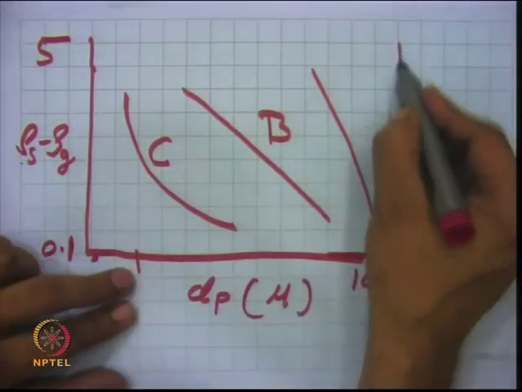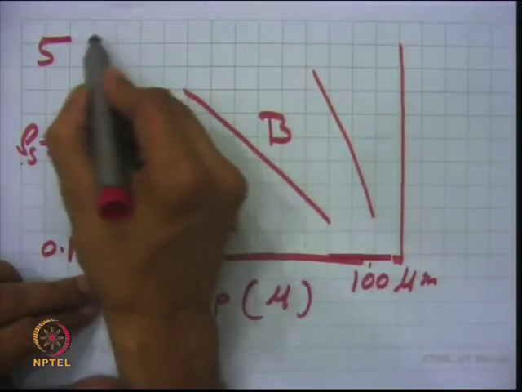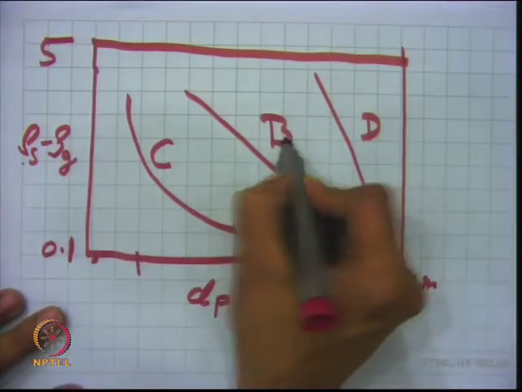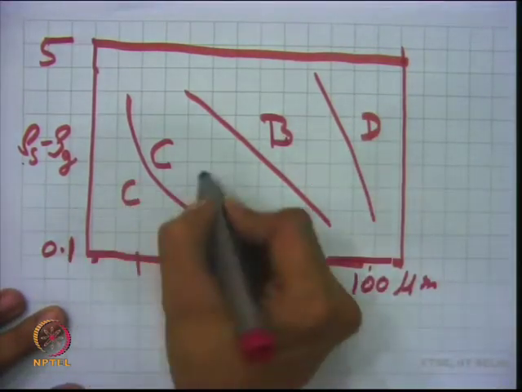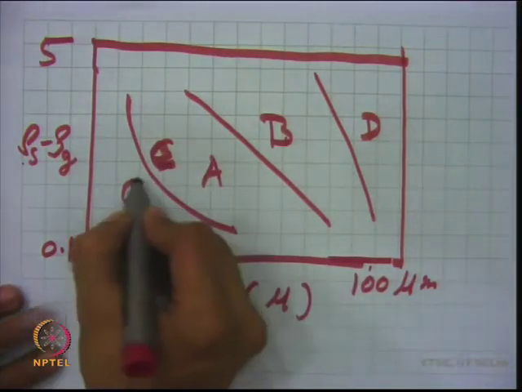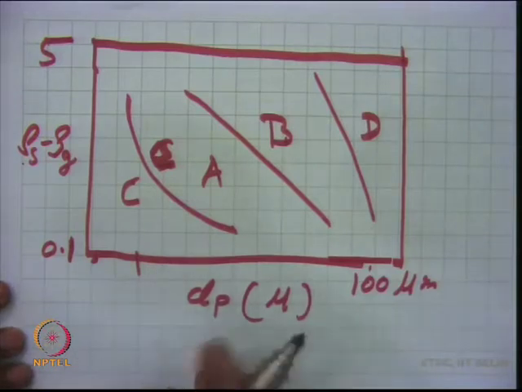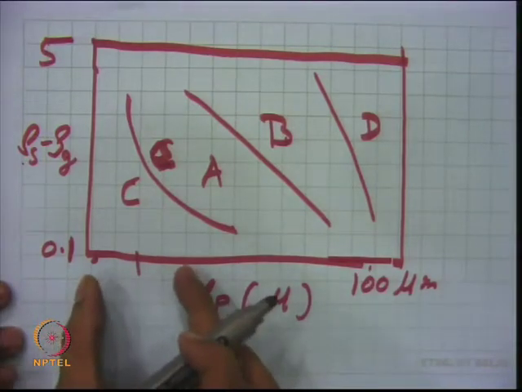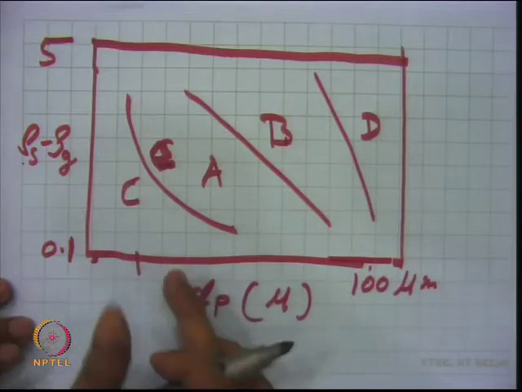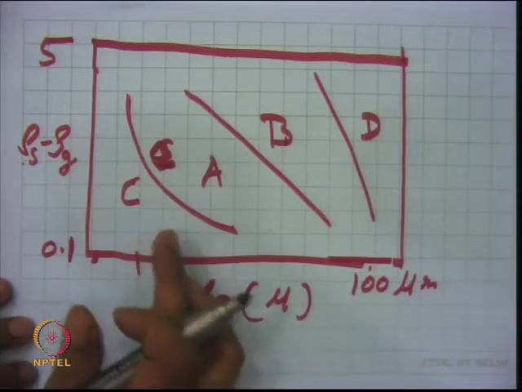Overall, this is your D type, this is your B type, this is your C type, and in between is your A type. This is your cohesive material, generally very fine powder like flour. Very small particles may leave the bed easily if you have high superficial gas velocity.